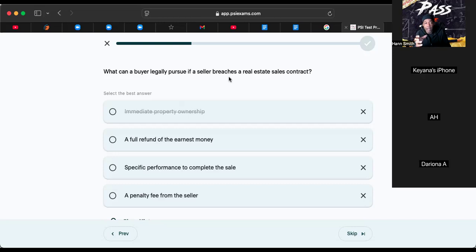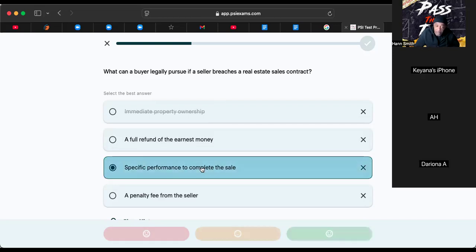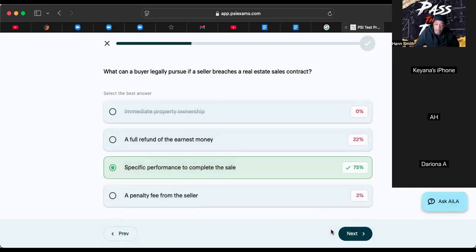So anytime you hear what can a buyer legally pursue, this is a legal remedy. The full refund of earnest money is not a legal remedy. I mean, you might have to go through some type of arbitration or something like that to get the earnest money back. But if I'm left down to specific performance, for this type of question, I'm going to pick this one. This is the answer.